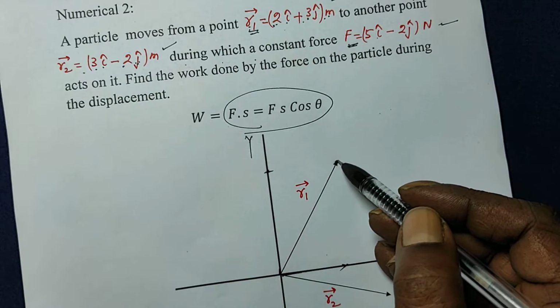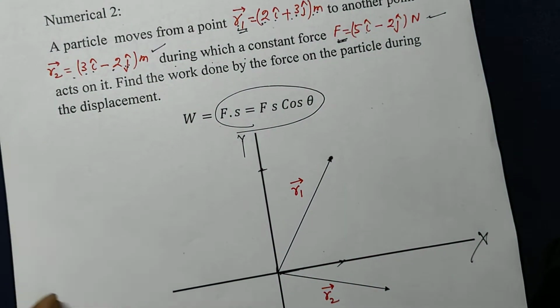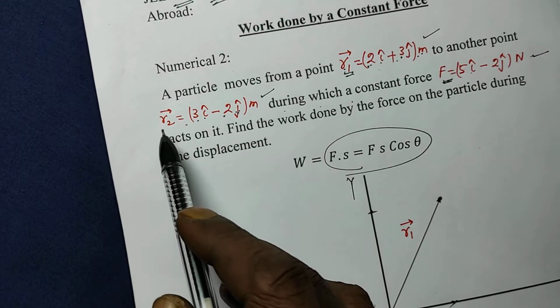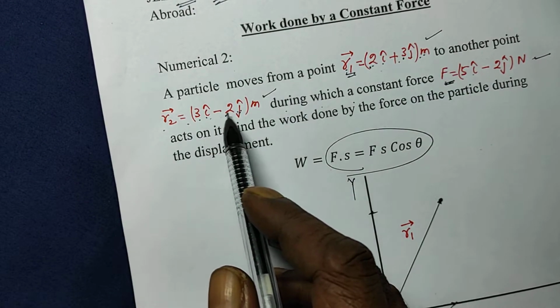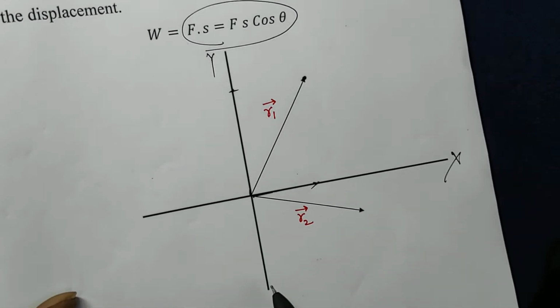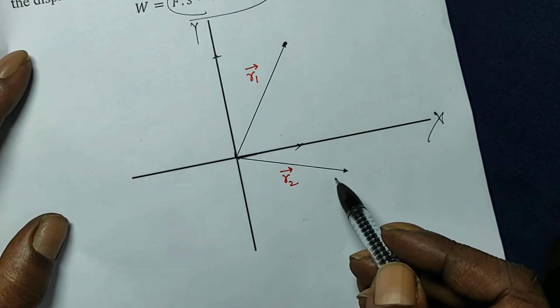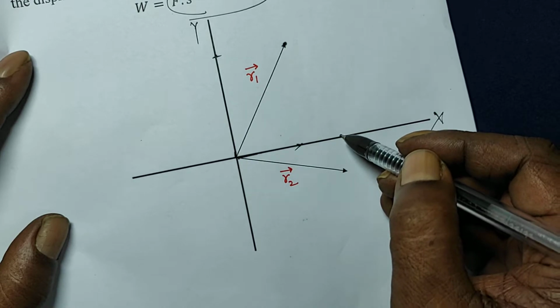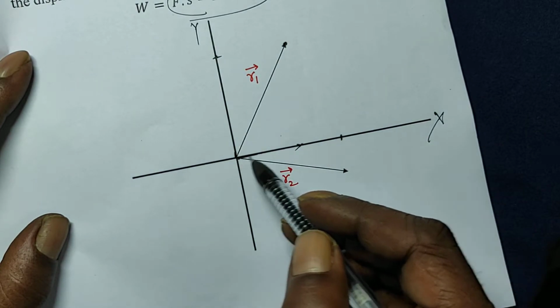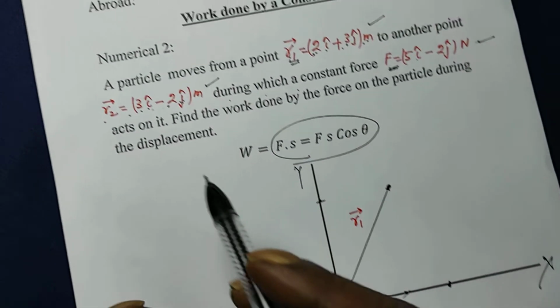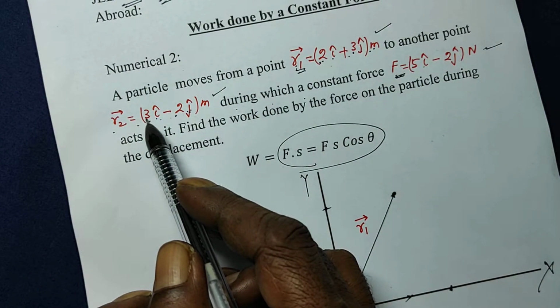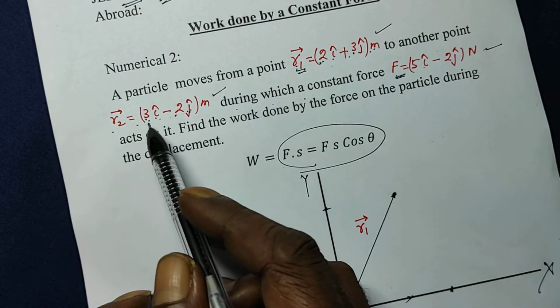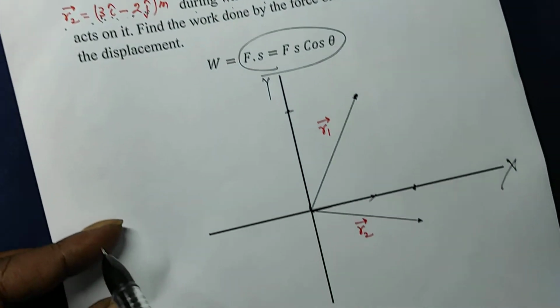So initially the body was here. Now it moves to a position given by R2 is equal to 3i cap minus 2j cap. So R2 I have also shown here. From here, if you drop a perpendicular on the x-axis, from this point to this point will be 3 units. Since it is along the positive x-axis, so 3i cap.